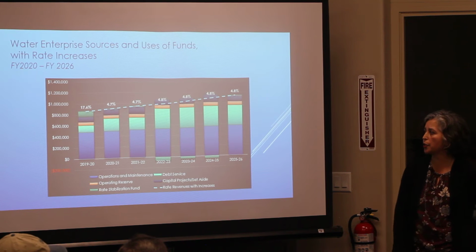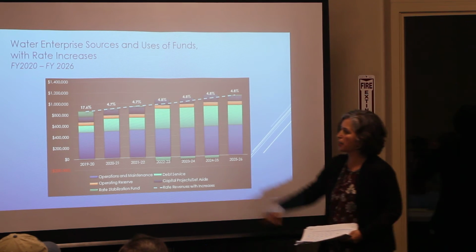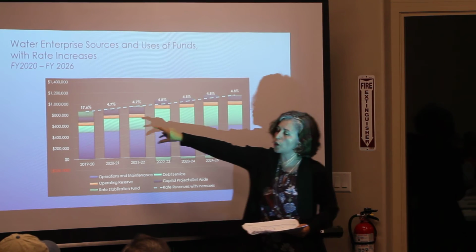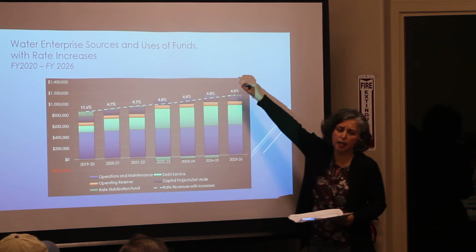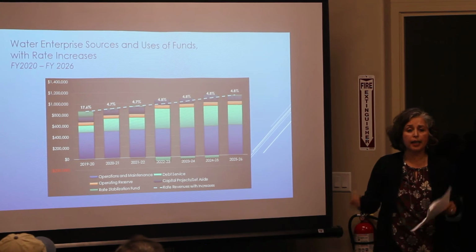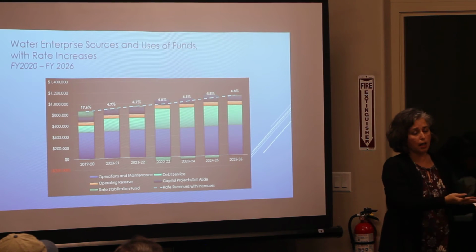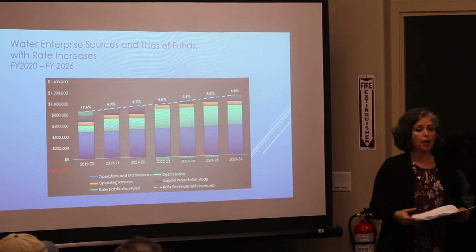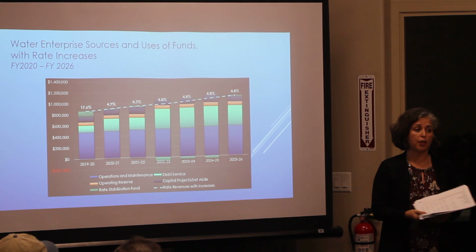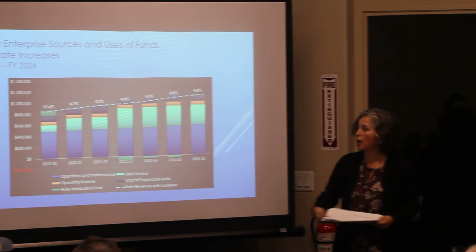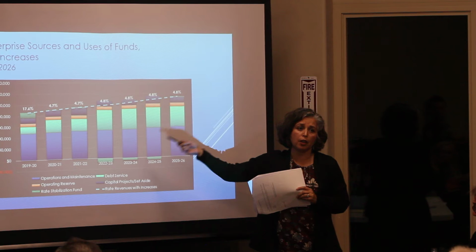So it's really this green piece that is driving the rate increase. It is the investment that we have projected and the board has discussed at length over the last 2 years of how to best manage your infrastructure.